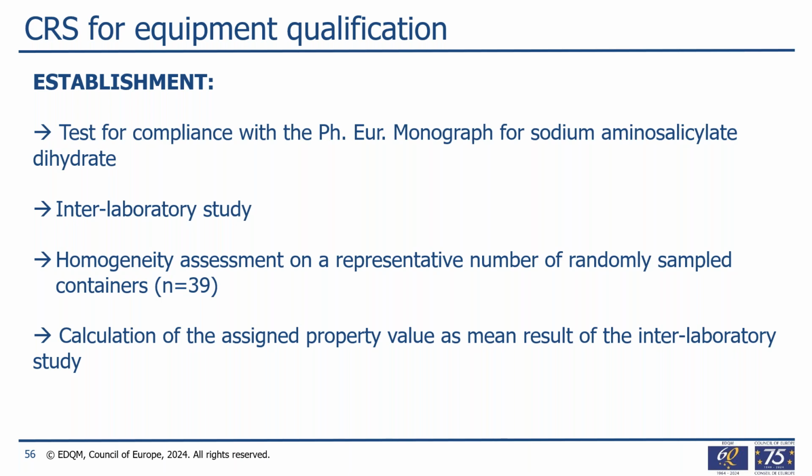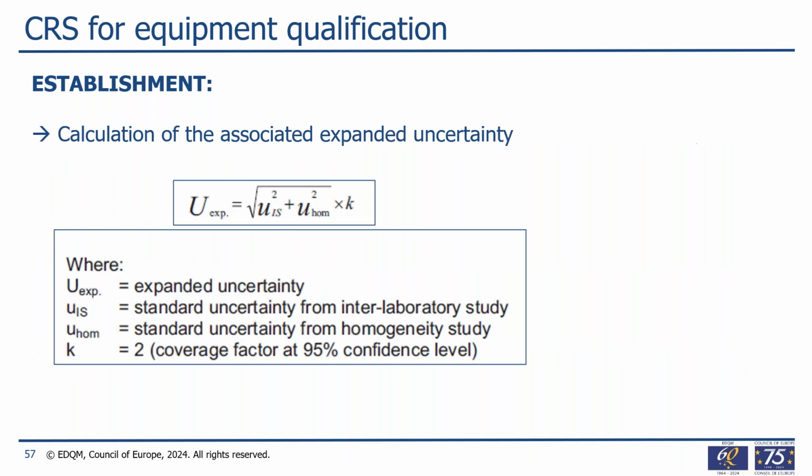And finally, we calculated the assigned property value as a mean result of the inter-laboratory study. We also provide the assigned uncertainty, which is basically calculated using the uncertainty coming from the inter-laboratory study, combined with the uncertainty coming from the homogeneity study, multiplied by a coverage factor of 2 to obtain a 95% confidence level.